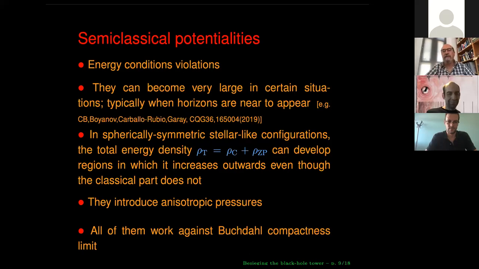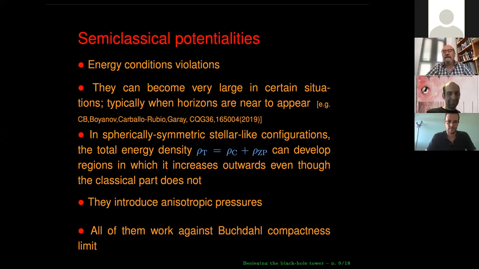But it has been proved that this is not completely correct. The smallness of the Planck constant, or the Planck length, can be counteracted by the behavior of the geometry itself in certain situations. Typically, when you have configurations that are close to forming horizons.